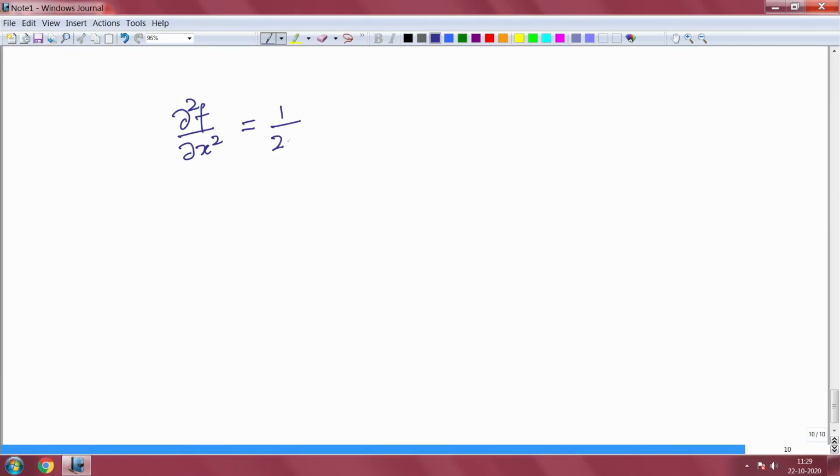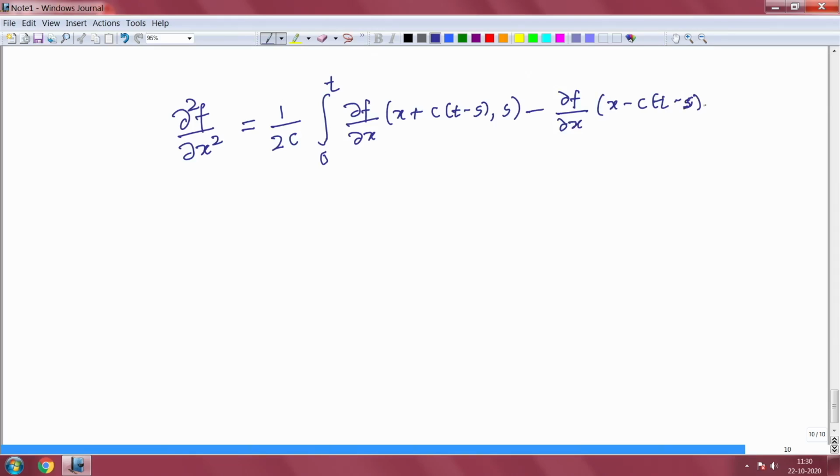Just to get 1 by 2c integral 0 to t, same thing, del f by del x, x plus c (t minus s), ds, minus del f by del x, x minus c (t minus s), ds.